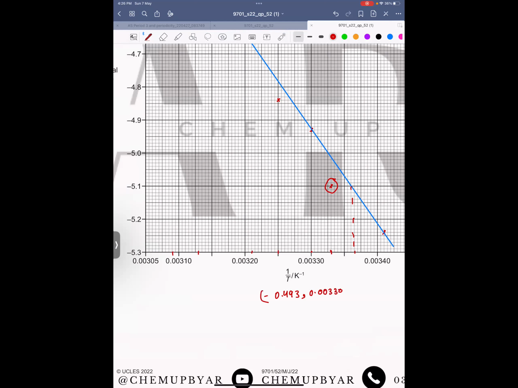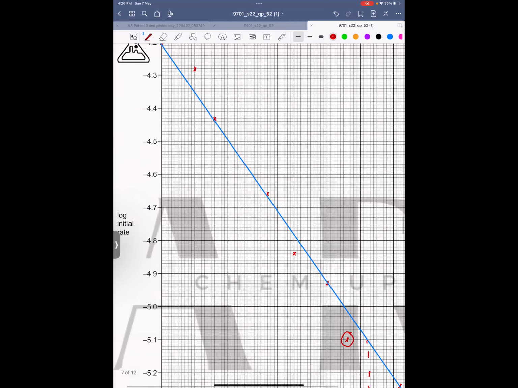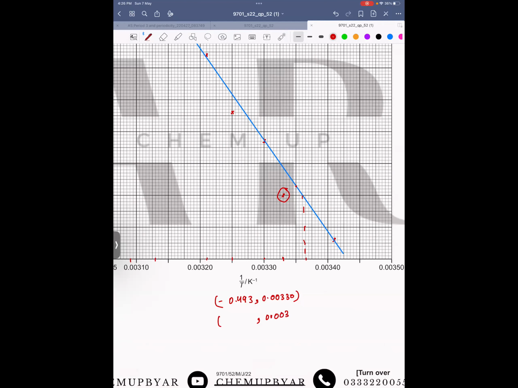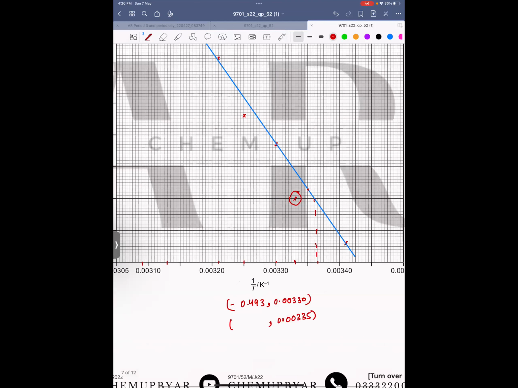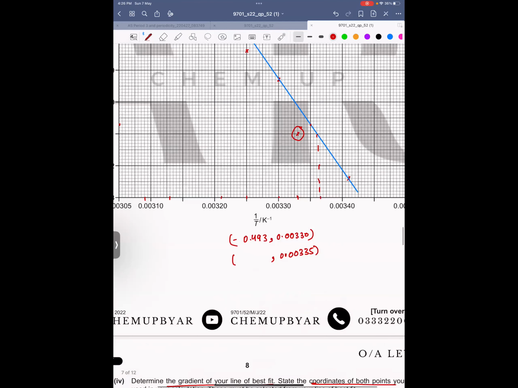The second point that we can take from this line is, okay, let's take this point. It is on y-axis 0.00335 and on x-axis it is minus 0.507.